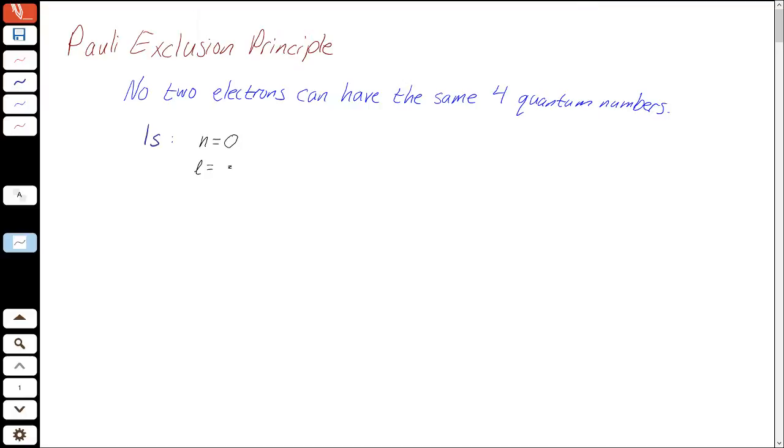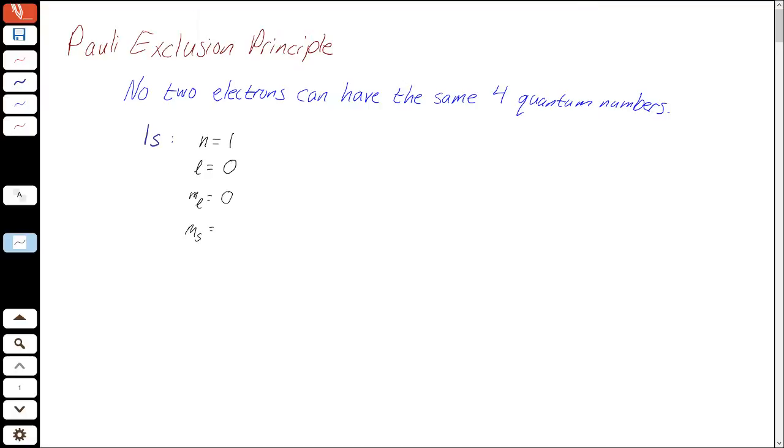I thought you said n can never equal 0. Oh, you're right. Yes, I'm sorry. n is 1. Sorry, getting ahead of myself. L is 0, because all s orbitals have L equals 0. ML, it's got to be 0. And then MS can be plus 1/2 or minus 1/2.